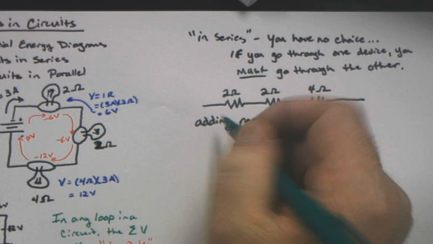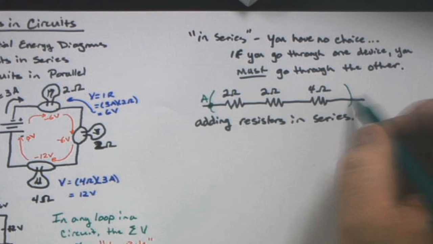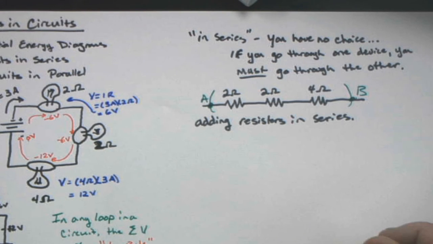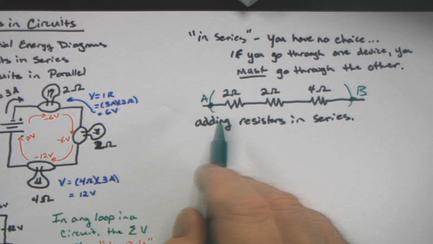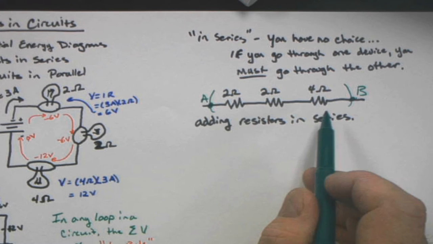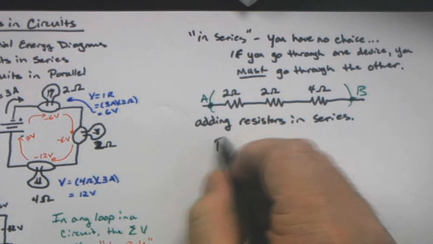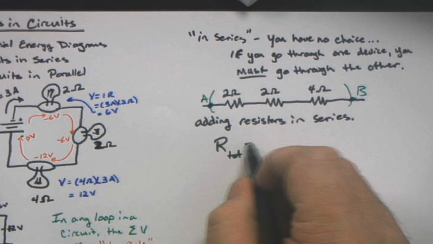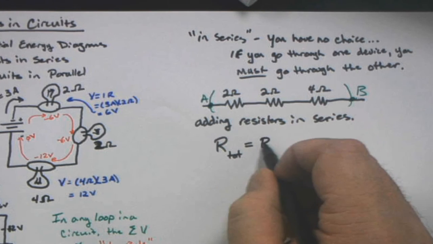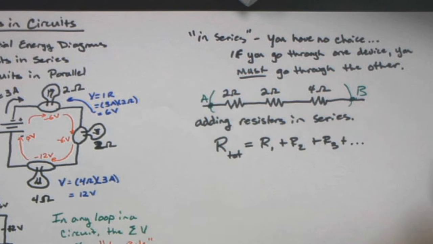So if we want to figure out what is the resistance between A and B, because you have to go through all of them, the electricity is going to suffer a resistance at each one of those spots. So if we add our resistors in series, it's simply this: R total equals R1 plus R2 plus R3, plus however many there are in that series.